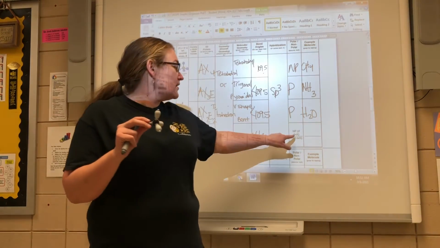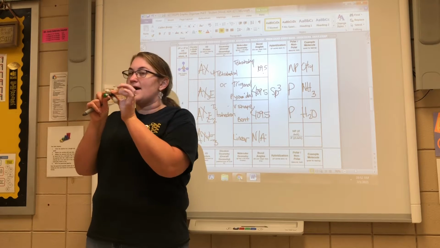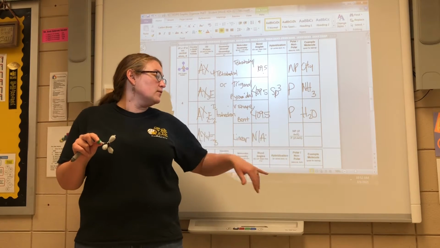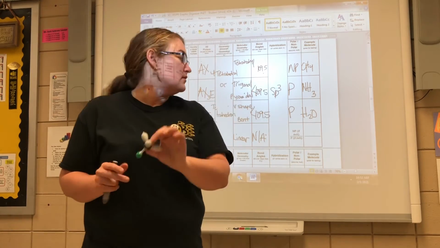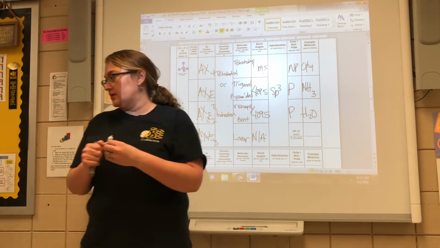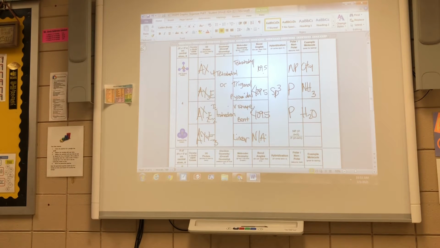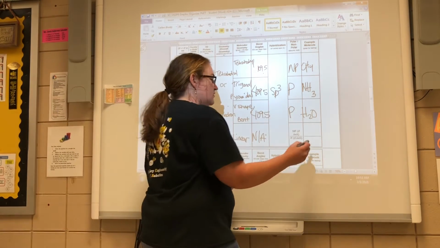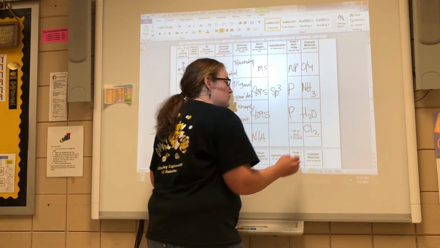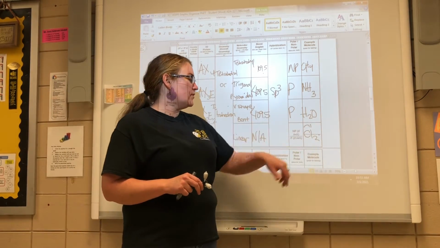Yes. Okay, so if A is equal to X, meaning if you have both the same atoms, it's nonpolar. But if they're 2 different atoms, like here, it's going to end up being polar. The electrons will be shared unequally. Any of the diatomic molecules like Cl2, F2, Br2 will end up being nonpolar.